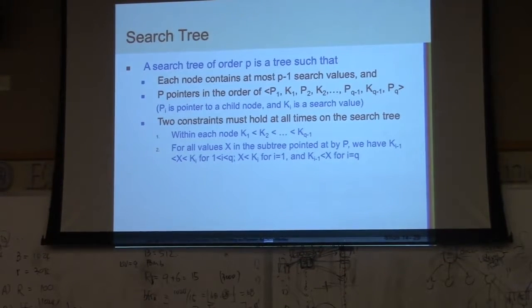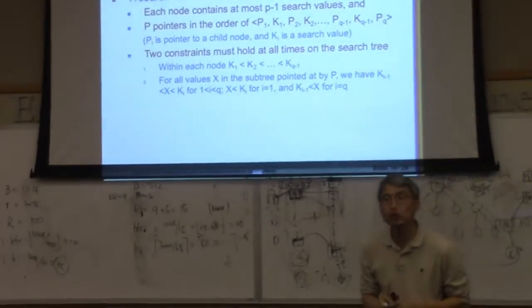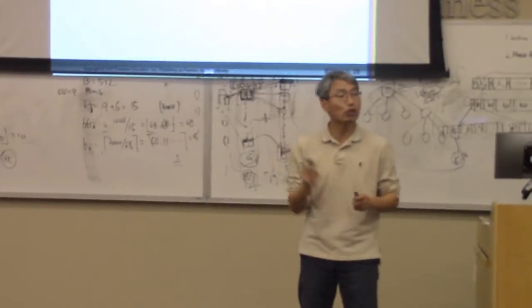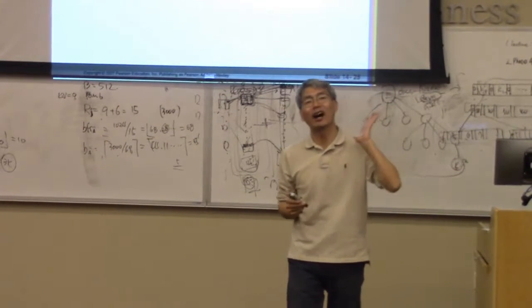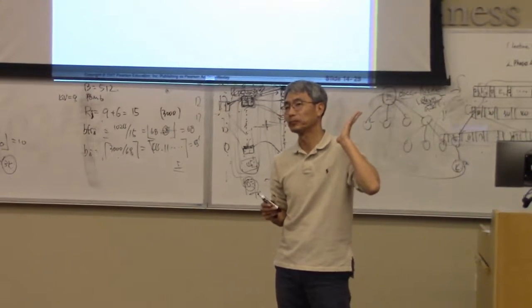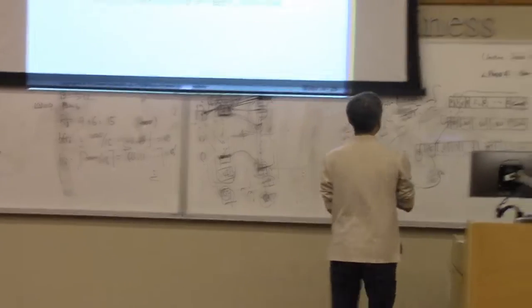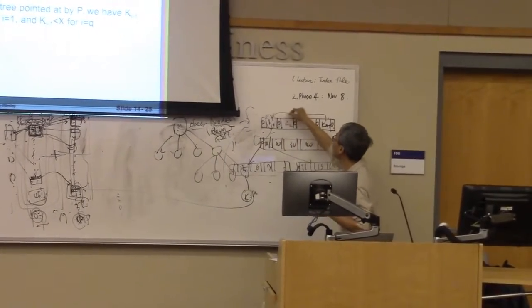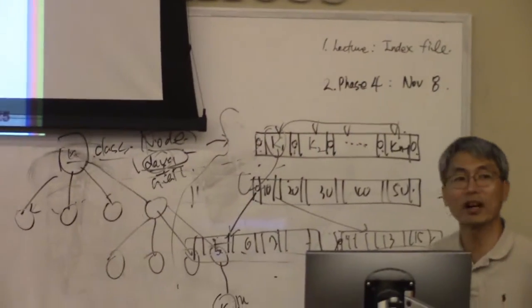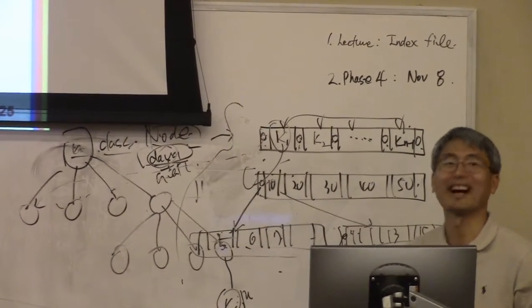Question: if you have a maximum of 10 children nodes in this search tree, how many index key items are in one block? So we have 10 children nodes, and how many index key items? 9.